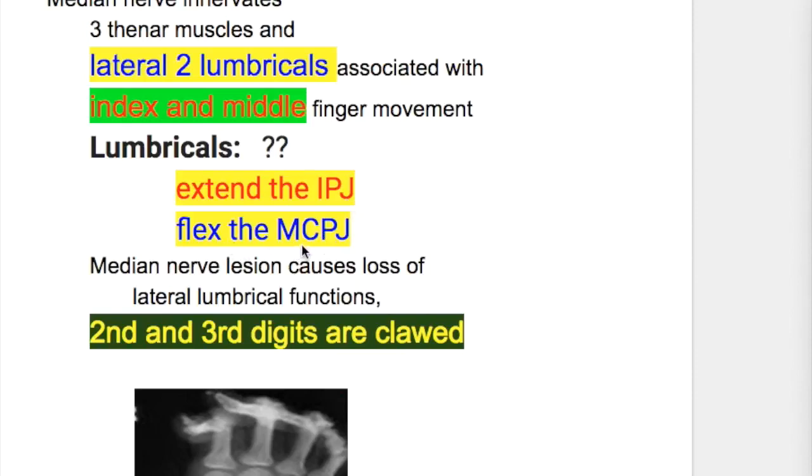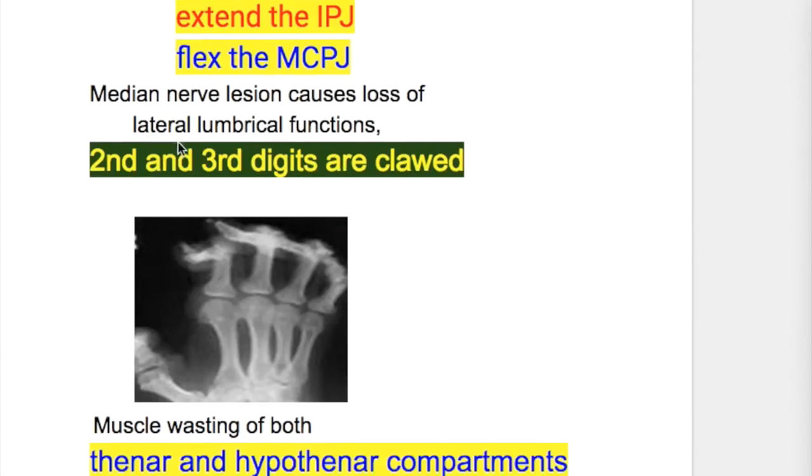They flex metacarpophalangeal joints because they are in front at the wrist, but when they attach to the terminal phalanx, they are behind them, so they extend the interphalangeal joint. So median nerve lesion causes loss of lateral lumbrical functions, the second and the third digit, the index and the middle fingers, they are clawed.